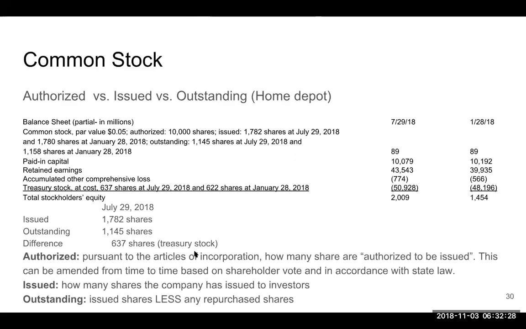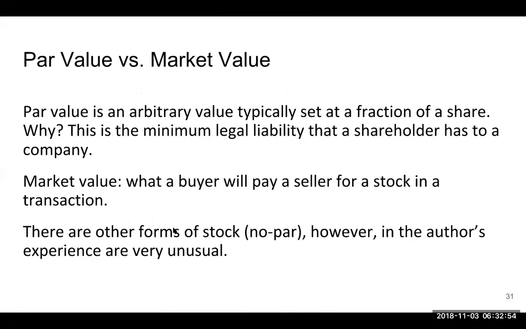And we'll learn about that a little bit later. But that is what we call treasury stock. And so that's why the issued and outstanding are different. If a corporation has issued shares, that means either sold them or given those shares out. Outstanding is, well, those issued shares, how many remain with investors and how many has the company repurchased.